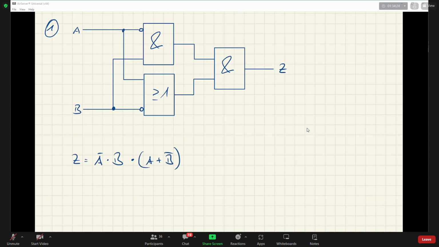That AND is that one here, and the OR is that one.